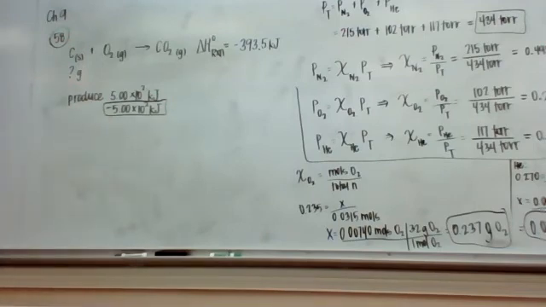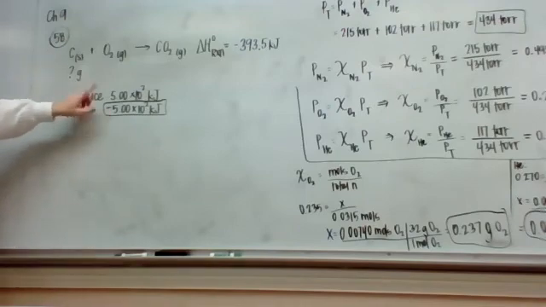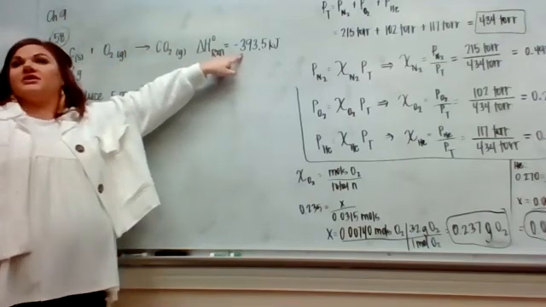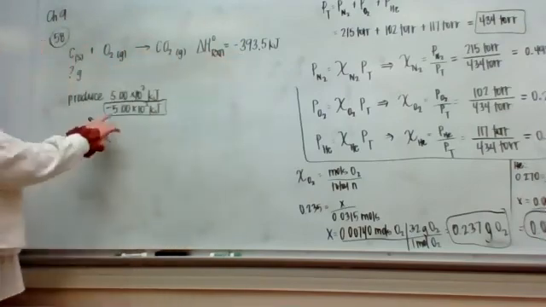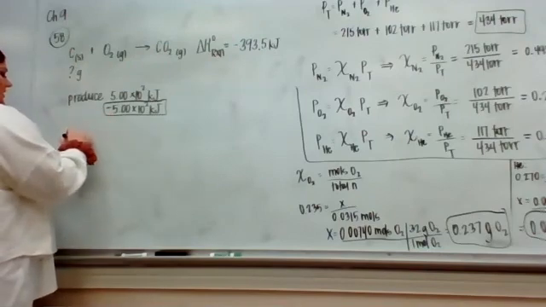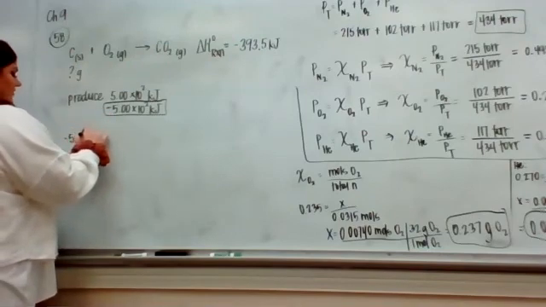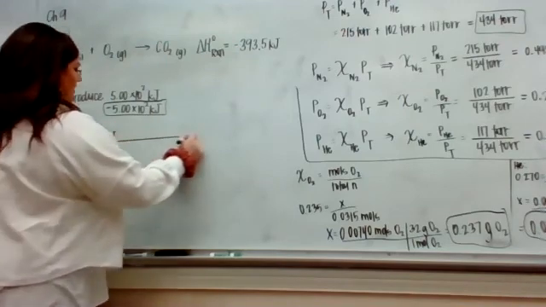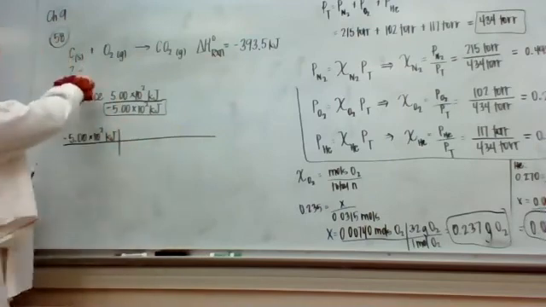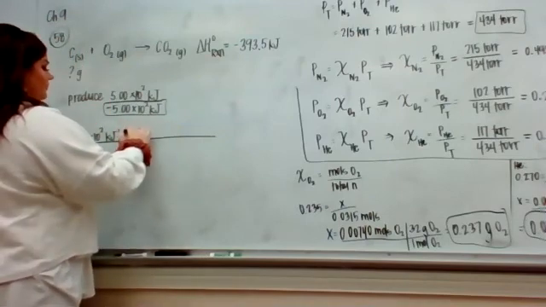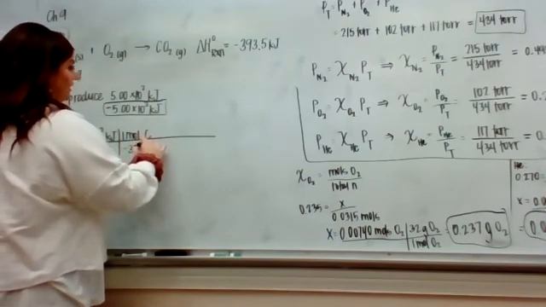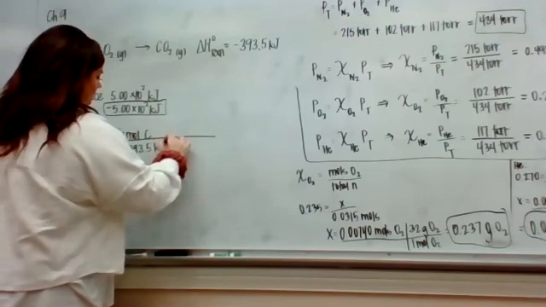I don't know how much carbon is going to produce that, but I do know that for 1 mole of carbon, I'll produce that. So let's use dimensional analysis. If I want negative 5 times 10 to the 2nd kilojoules of heat, well, I know that 1 mole of carbon will produce negative 393.5 kilojoules.